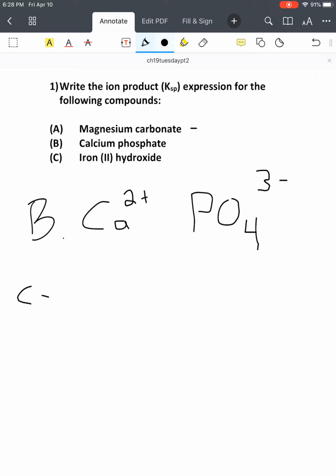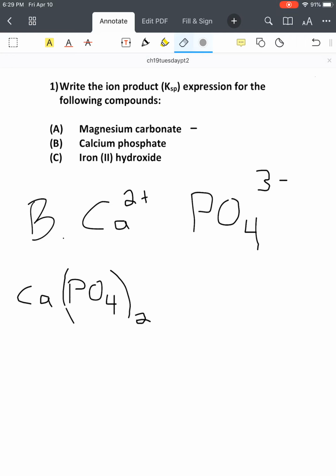So if I'm going to write the formula for calcium phosphate, looks like I have to do a little work. I've got to make this a neutral compound. And to make that happen, I guess it looks like I need to make this a 2, make this one a 3.